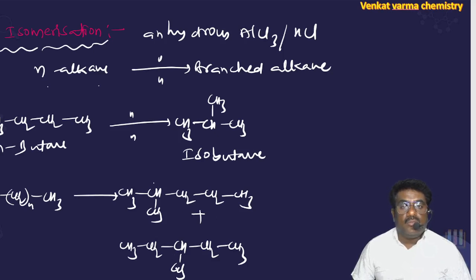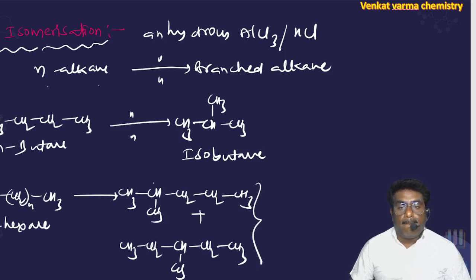Both are branched, so normal n-hexane converts to branched alkanes. This is isomerization.